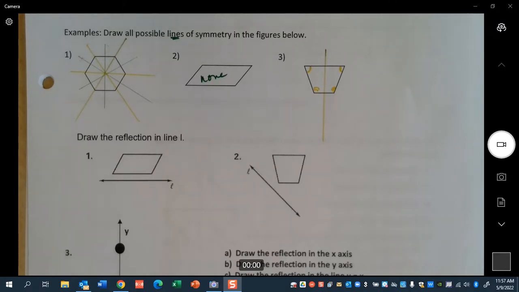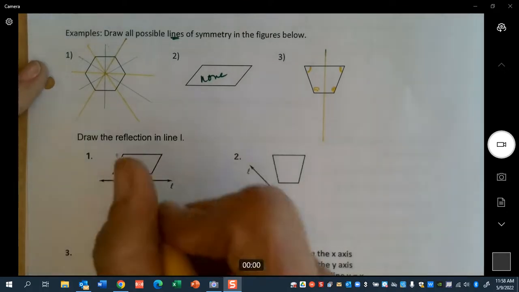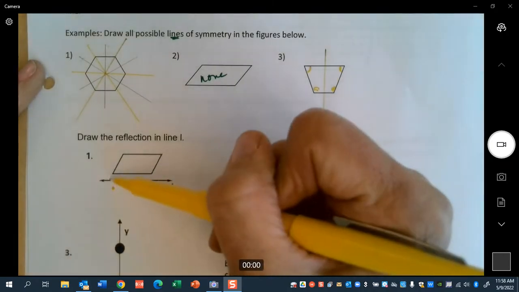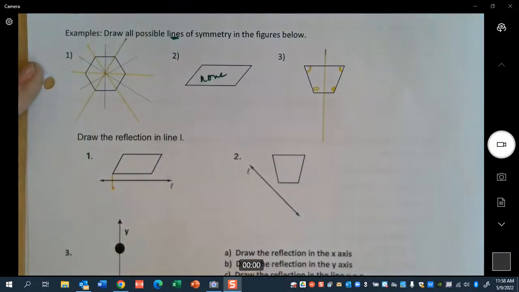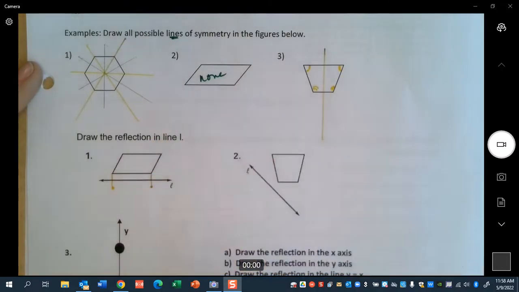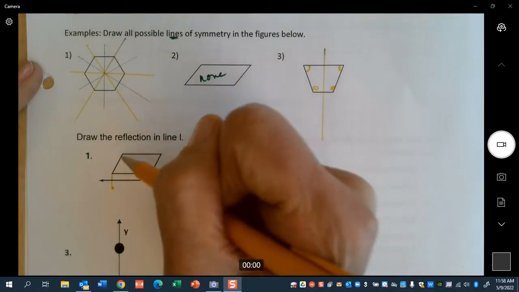All right, so when we're asked to draw a line of reflection in line L, this is the easiest way that I know how to do it. Are you ready? Remember what we said, each point is going to be connected by a perpendicular bisector to its corresponding point. So if I draw something that's equal distance away, that makes it easy for me to draw.